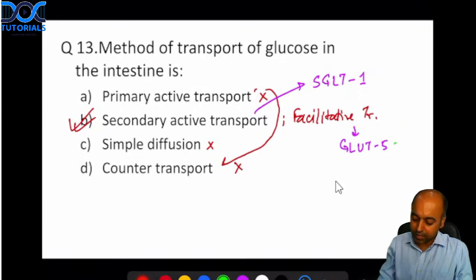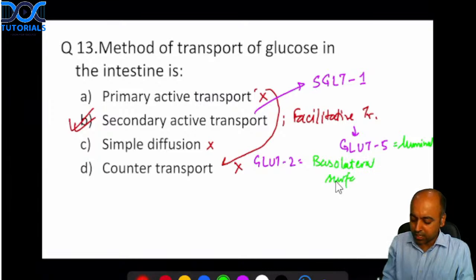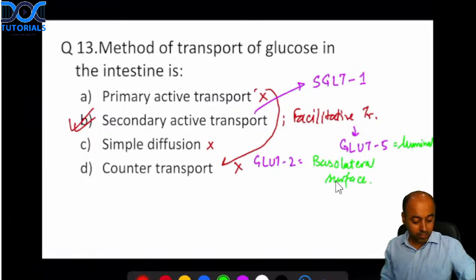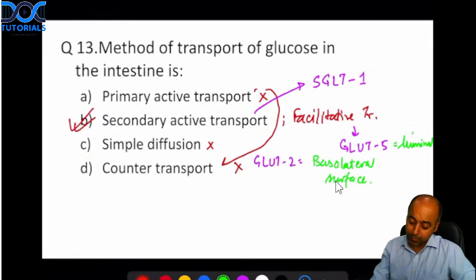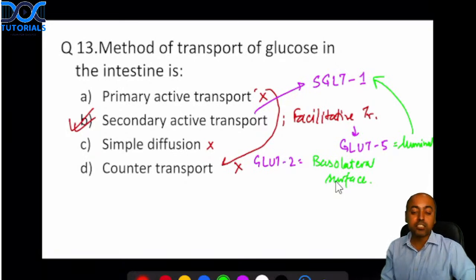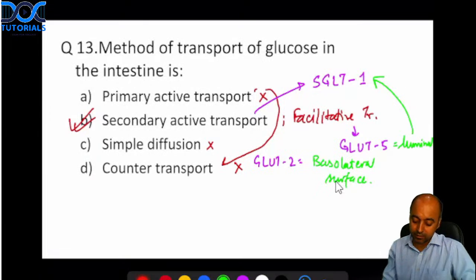GLUT5 is on the luminal surface, whereas GLUT2 is on the basolateral surface. These are the different types of transporters present on the intestinal cells. SGLT1 and GLUT5 are present on the luminal surface, whereas GLUT2 is present on the basolateral surface.